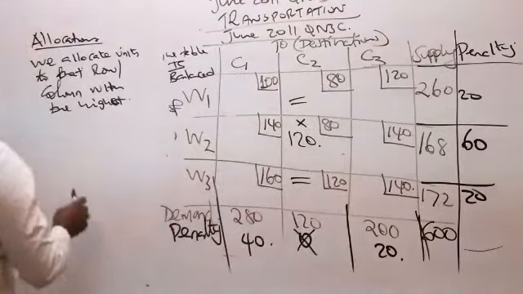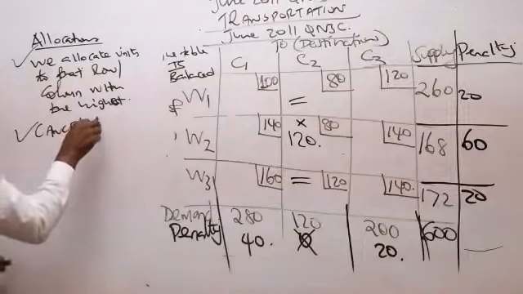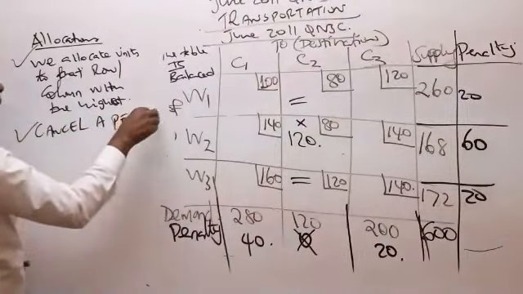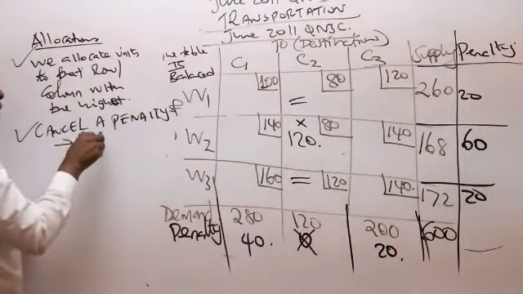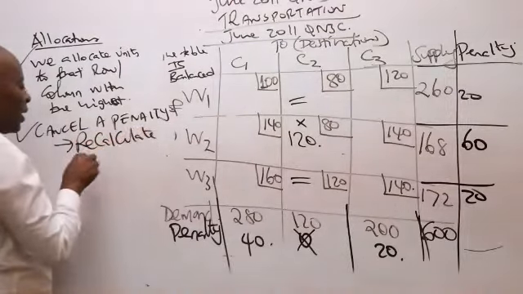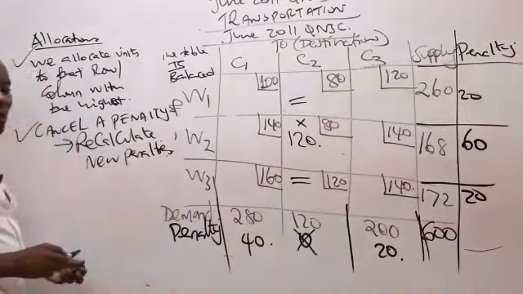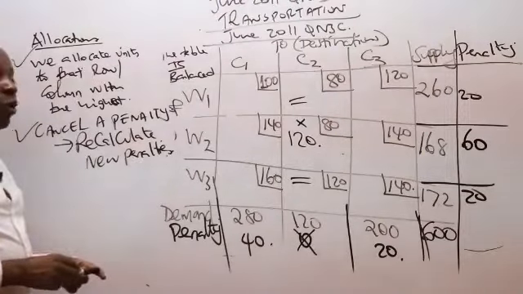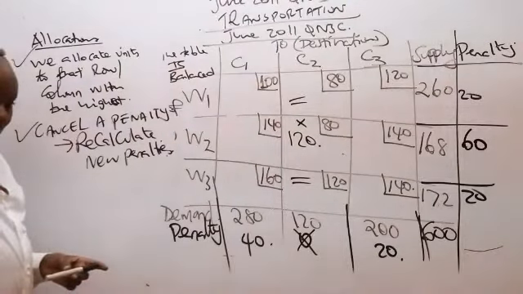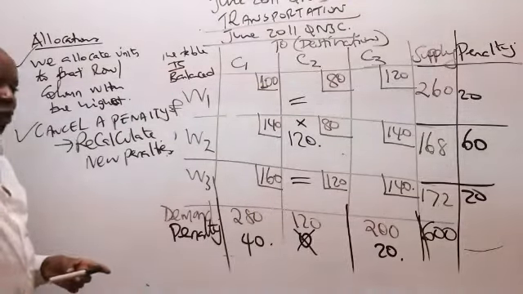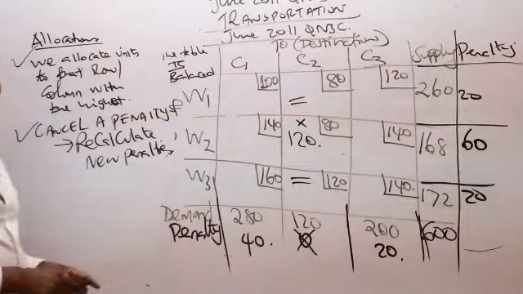Now listen, ladies and gentlemen, whenever you cancel a penalty, there is a rule. Always remember, whenever you cancel a penalty, always recalculate new penalties. Whenever you cancel a penalty, you recalculate new penalties for the entire table.